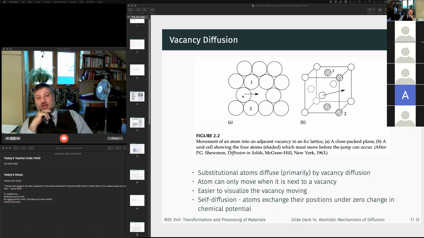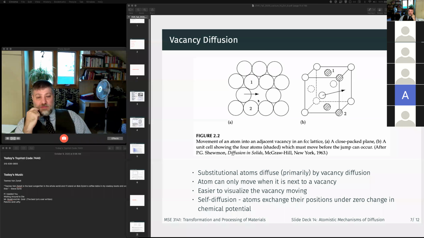The exchange of two atoms, if one went into this one with the arrow, that's a huge energy cost for two atoms to switch, right? But an atom hopping into a vacancy, this is much less energy.